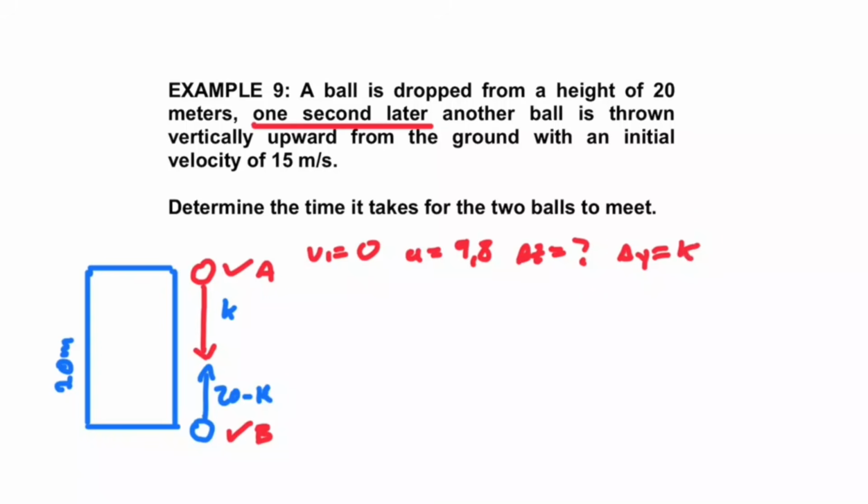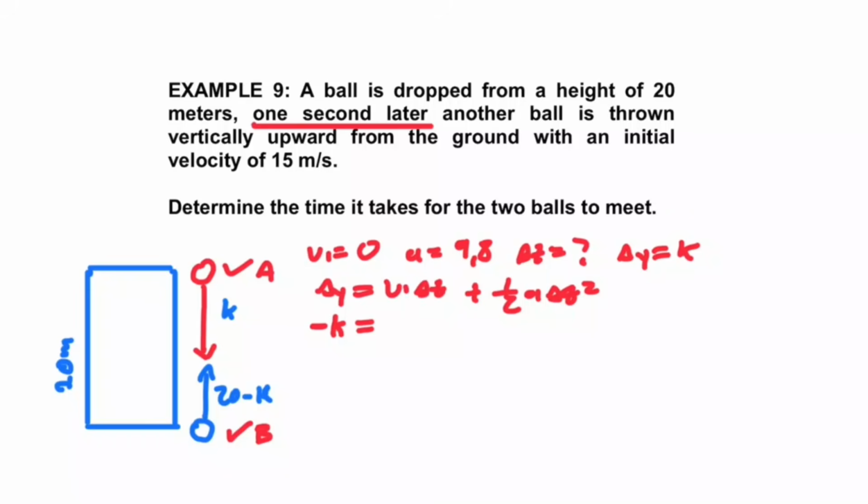I think that is all we need to use our equation delta y is equal to vi delta t plus a half acceleration delta t squared. The displacement will be minus k meters because we are taking up as positive, so everything going down should have a negative sign.